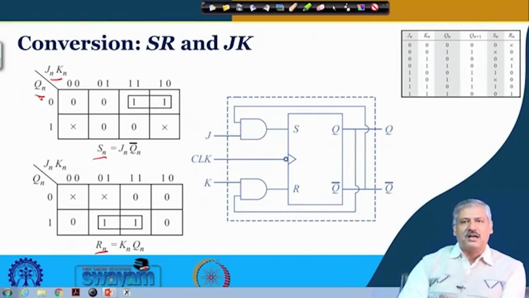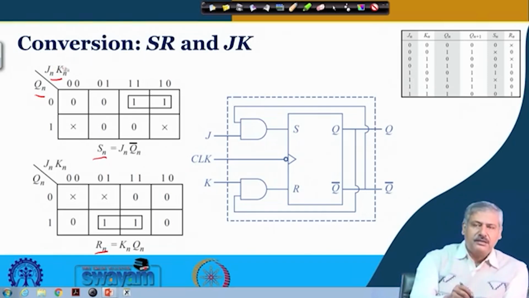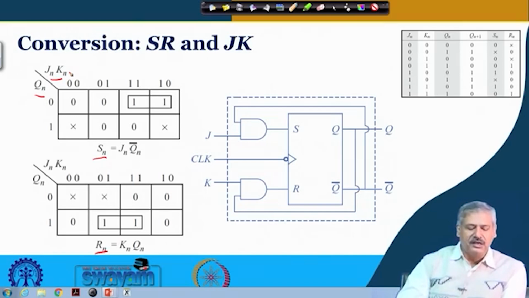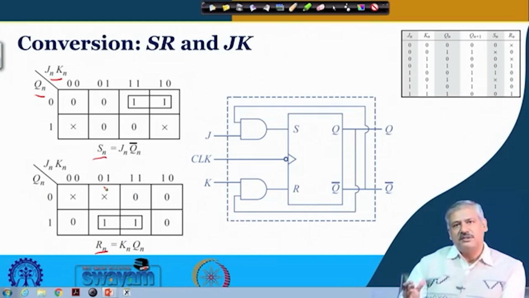So, the current inputs come from externally, because we are trying to convert it to a JK flip flop. That is what we have as the current input, and at that time what should be presented at the SR flip flop input so that the required Qn plus 1 value appears at the output. Is it fine?